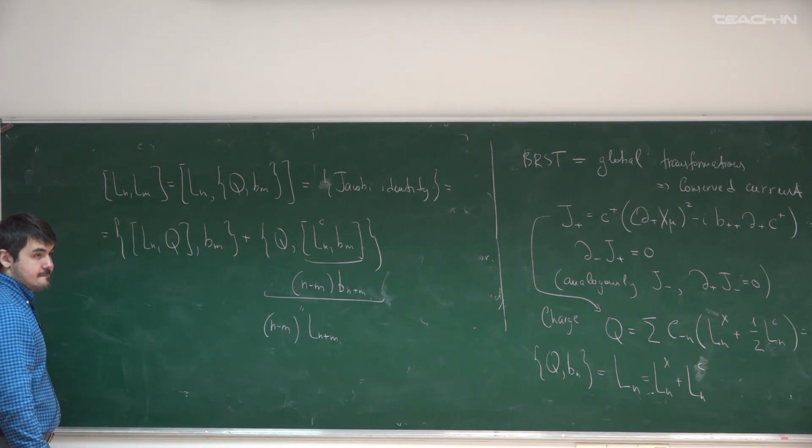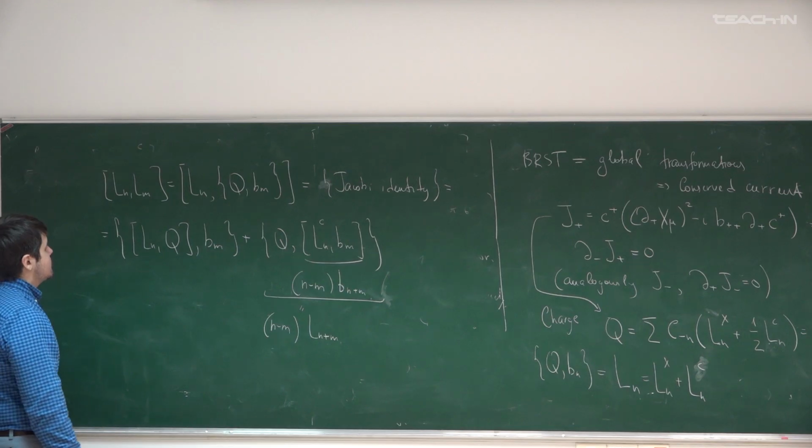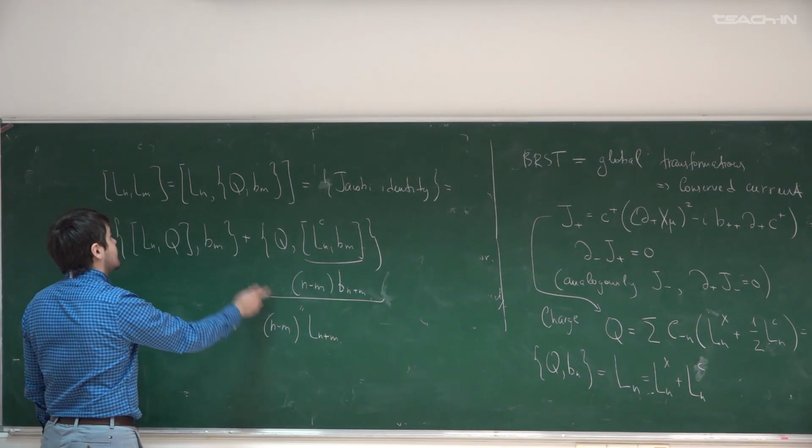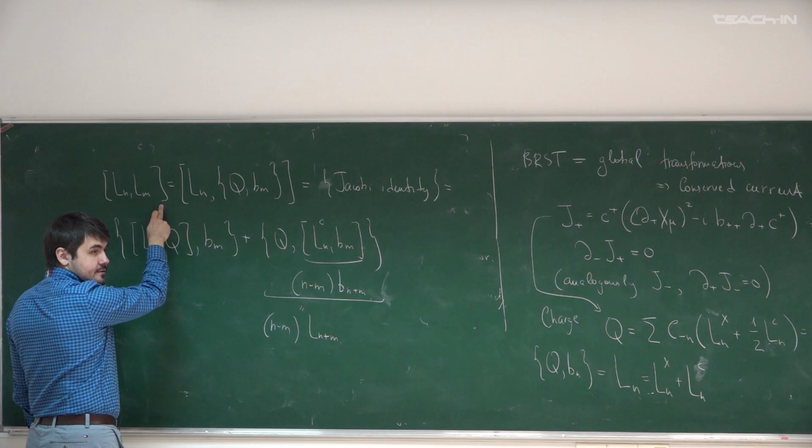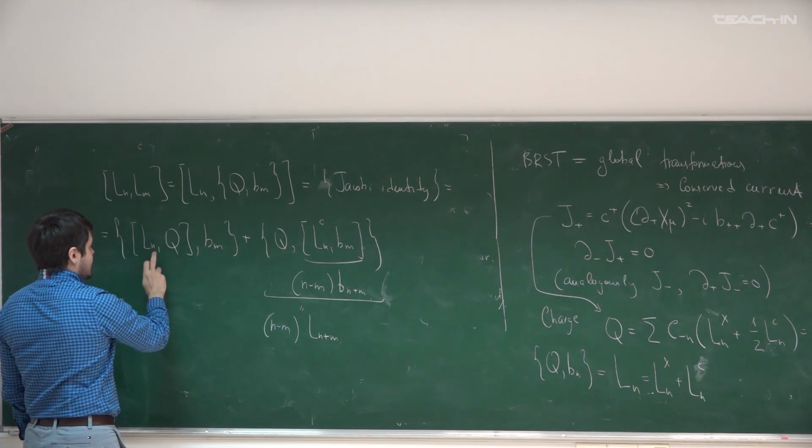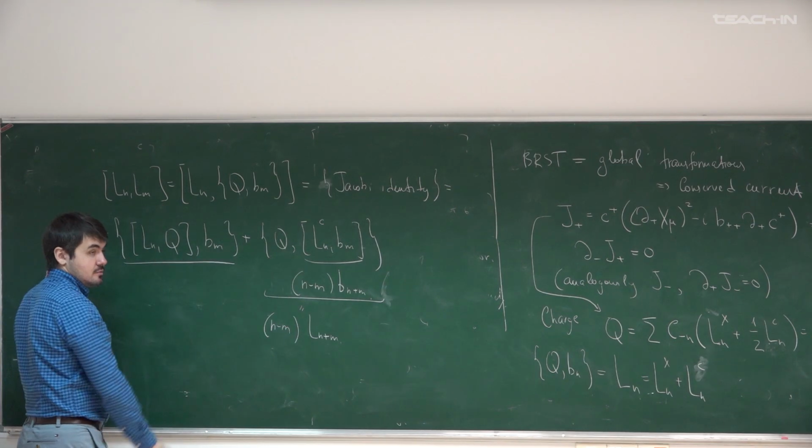So this is the first term on the right-hand side of the commutator of the L's. One can guess then that the other term will be responsible for the anomaly.